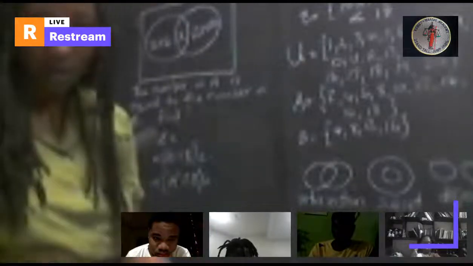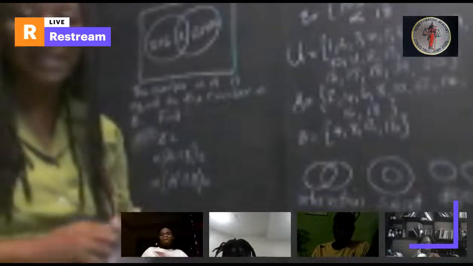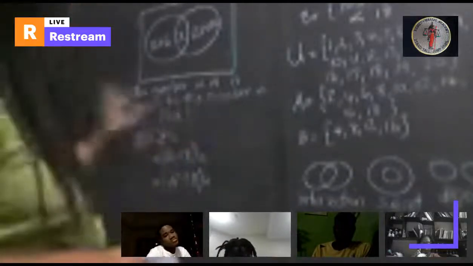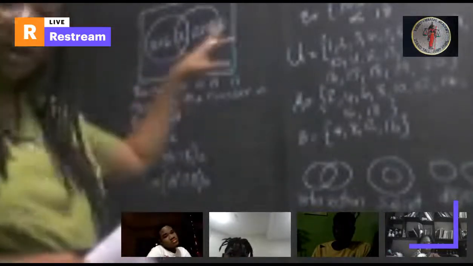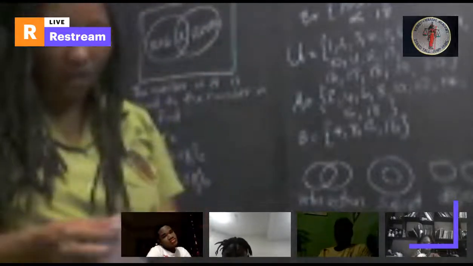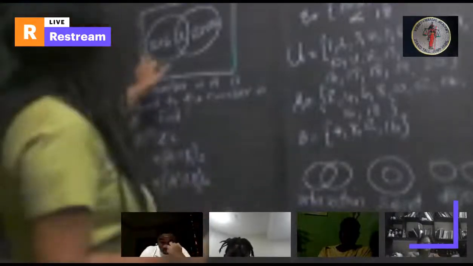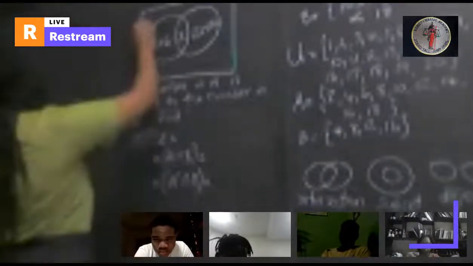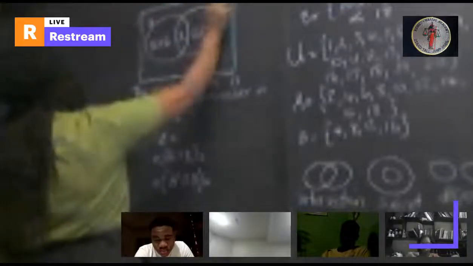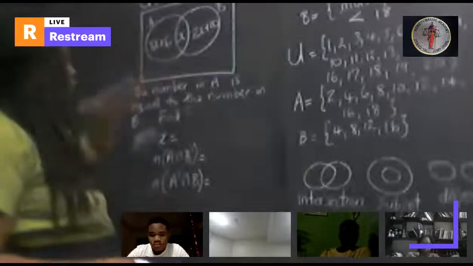So, what I want you to do: listen. I'm going to point to the diagram and describe it, and I want you to draw it in your book and write down what's there. So we have two sets overlapping. We have A and B. So draw that in your book.